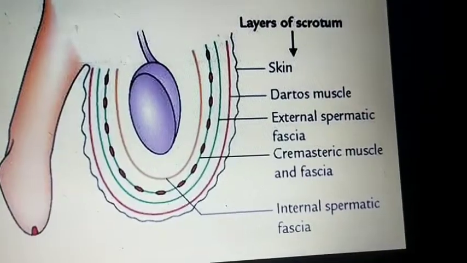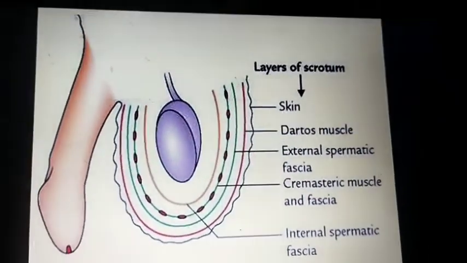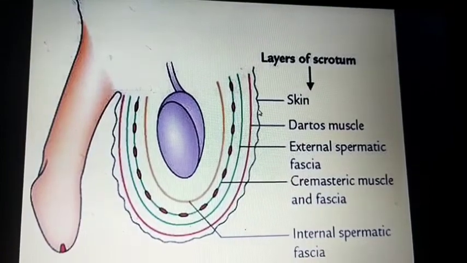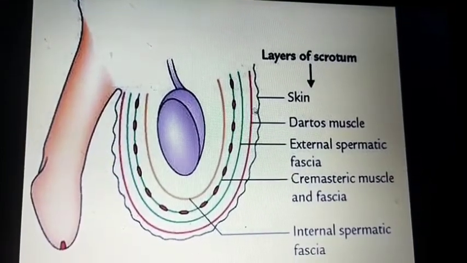Okay, you can easily make out the layers of a scrotum. Outermost it is the skin, then dartos muscle.